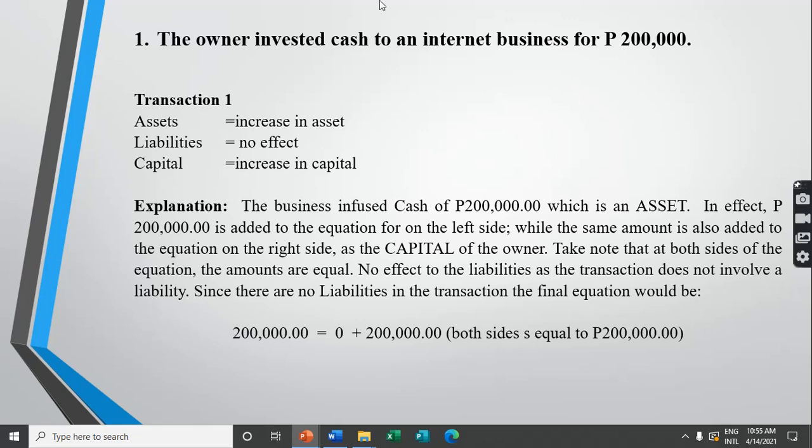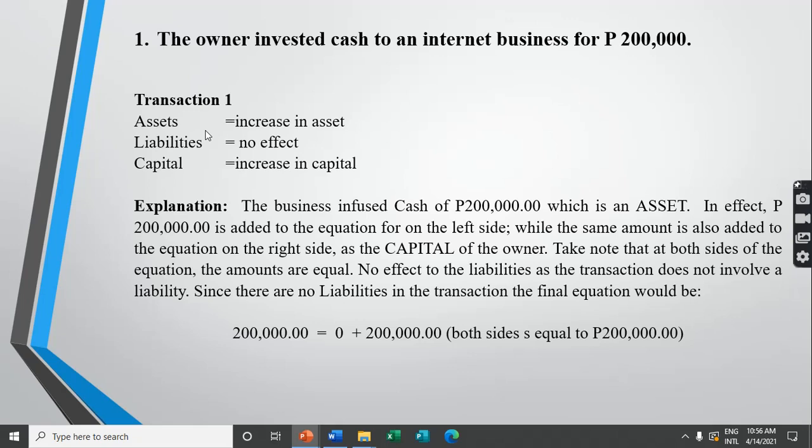So, what is the effect on our accounting equation? For assets, was there an increase in assets? It says here, the owner invested cash. So, meaning, your asset increased, because your cash increased. Your cash is considered your asset.